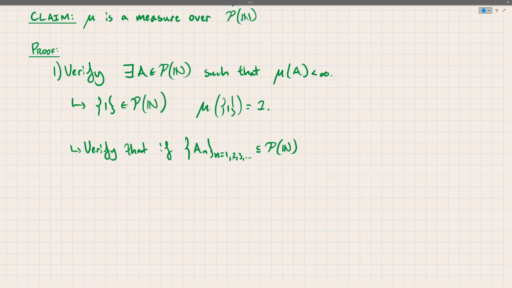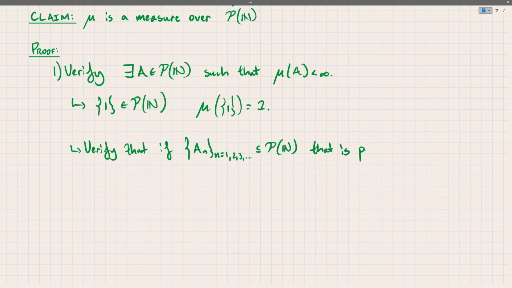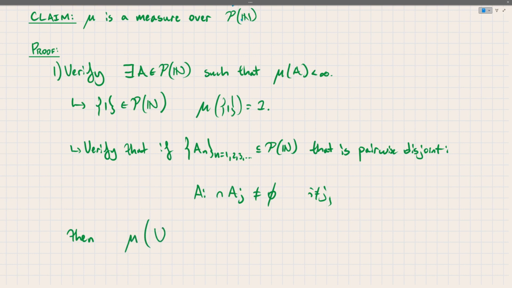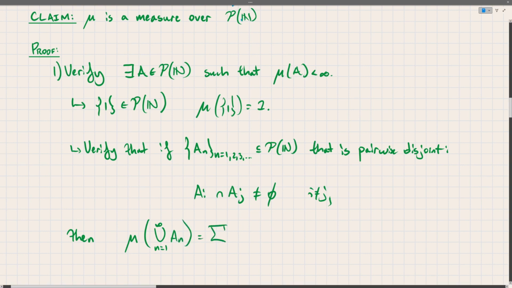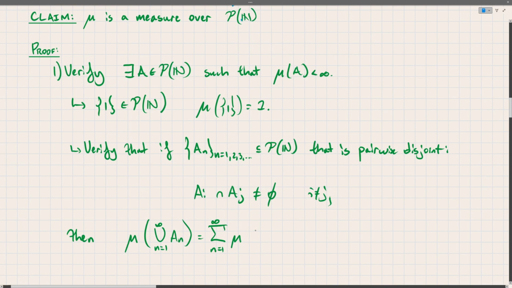Okay, so we need to also verify that if we have a sequence in the power set of the naturals that is pairwise disjoint, meaning that A_i intersect A_j have no common elements for i not equal to j, then, how we're going to prove this, we're going to assume we have this sequence, and then we need to prove that mu, the measure of the union of A_n, is equal to the sum from n equals 1 to infinity of mu of A_n.